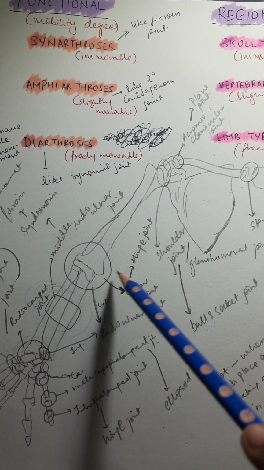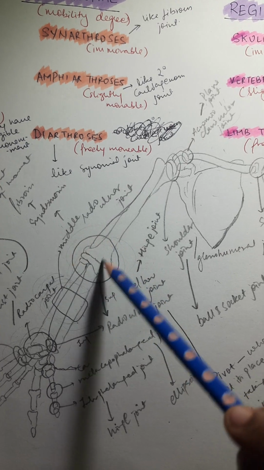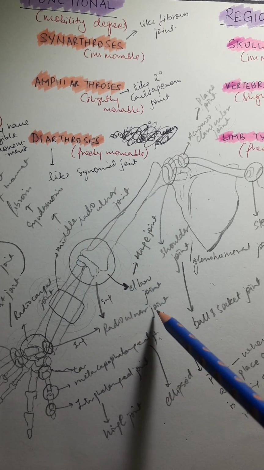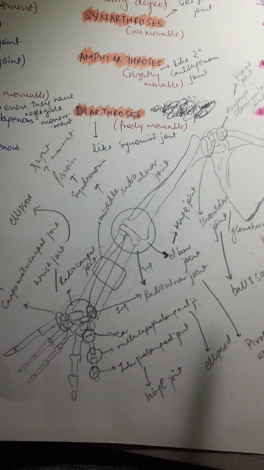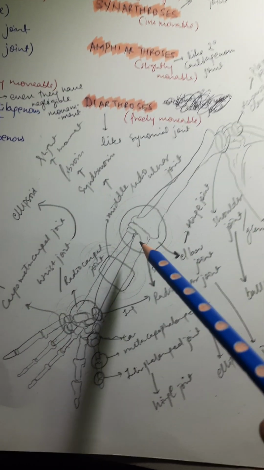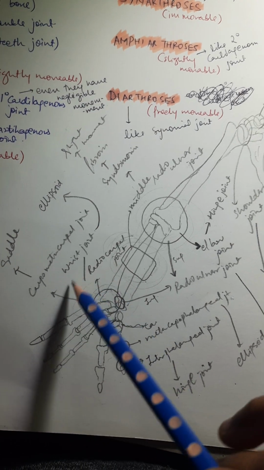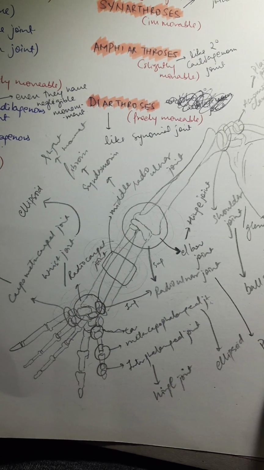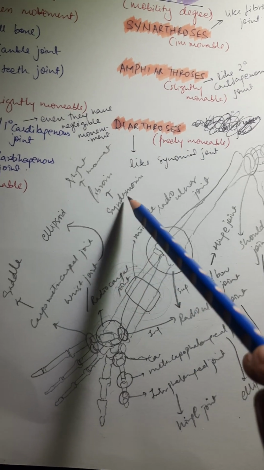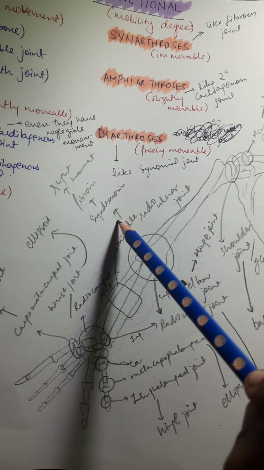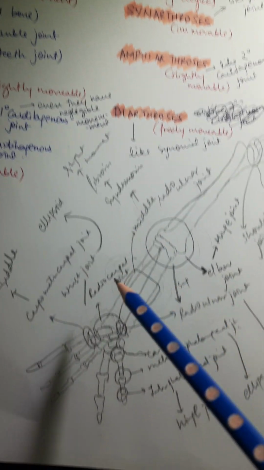Talking about elbow joint, it is hinge joint, this one. The superior radioulnar joint, this over here, is a pivot joint because one bone is stable and the other rotates. Then the inferior radioulnar joint is also the same. This one, the middle radioulnar joint, is not a synovial joint, it is a fibrous joint, it is syndesmosis.